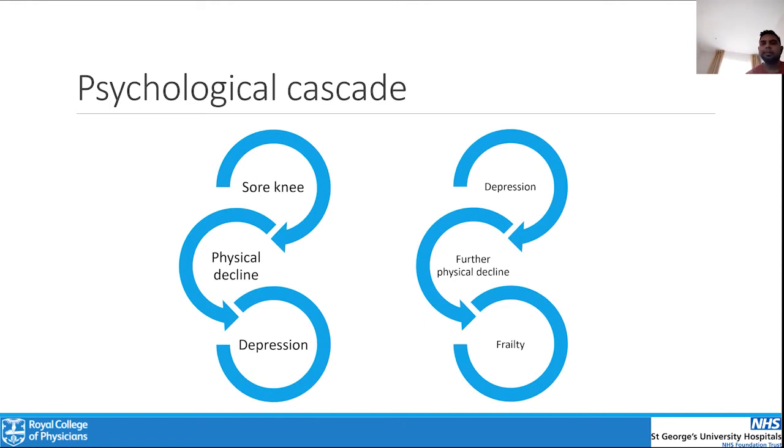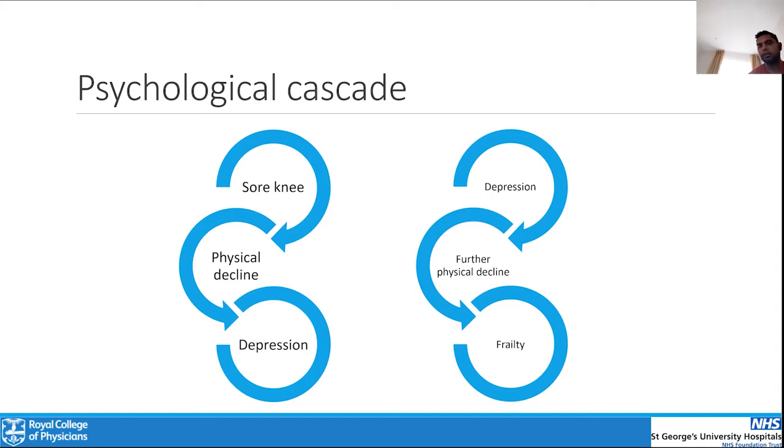So part of this is really the psychology of frailty. And the example that I have on the screen here is whereby a patient can go through a cascade that ultimately results in them being both physically but also psychologically frail.